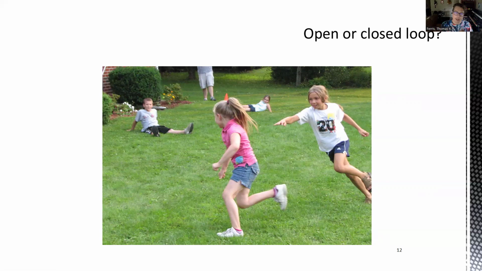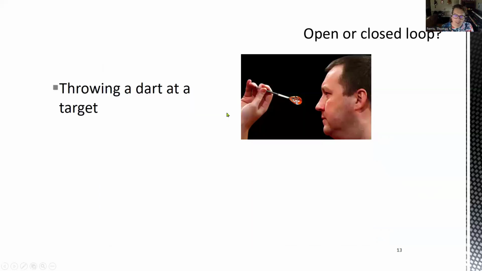So am I acting based on the feedback I'm gaining from the state of the system around me, or am I taking an action without really knowing exactly where I'm going to end up? I'm basically acting without waiting for input on my surroundings to do that. Maybe this girl who's trying to run away, she's maybe more doing open loop sorts of activity, run this way, zigzag, serpentine, whatever. All right.